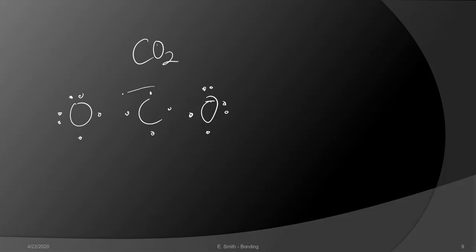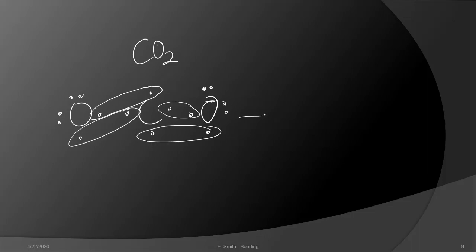What you will notice is we can form a bond here, a bond here, a bond here, and a bond here. So if we clean this up, we've got carbon here, we've got our oxygen with a double bond, our oxygen with a double bond, and take a look.